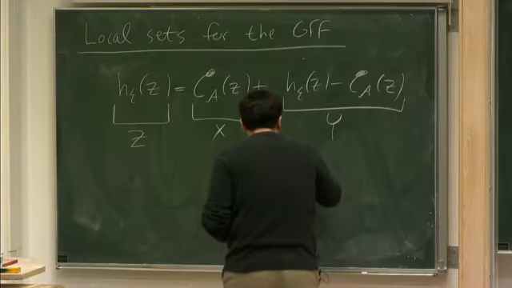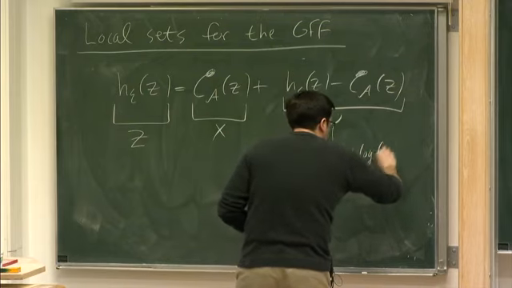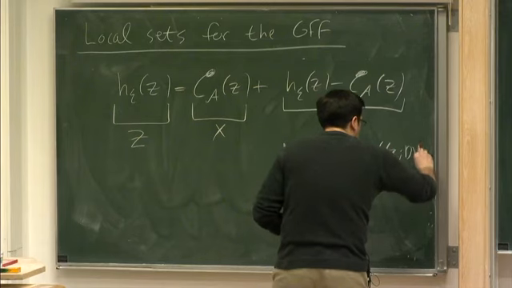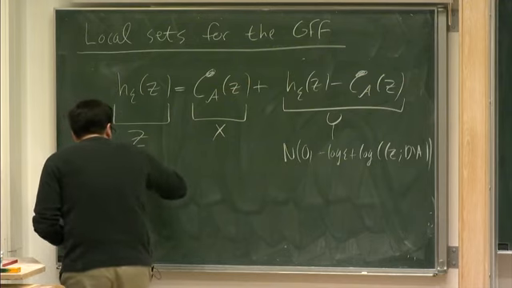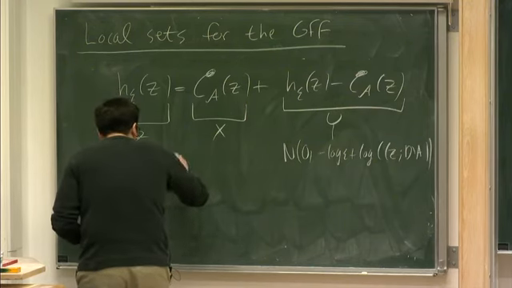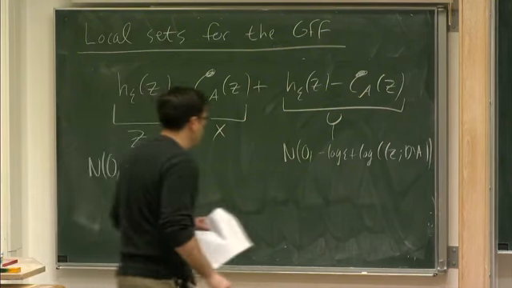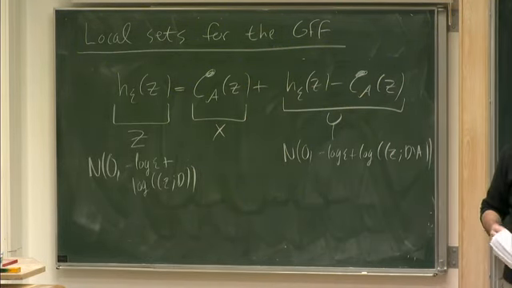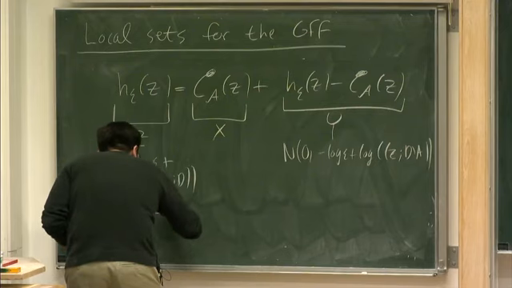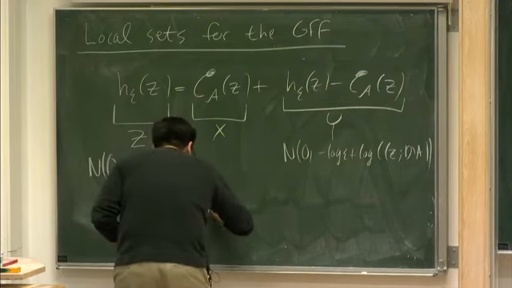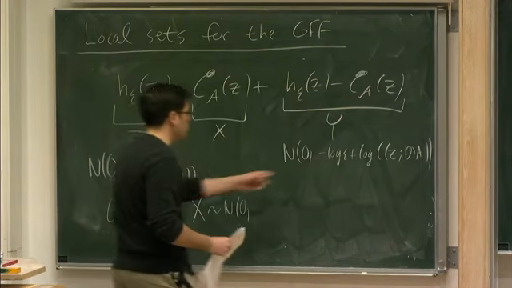And again, since I know that y is normal with mean 0 and variance minus log epsilon plus the log of the conformal radius of z in the complement of A, and this one I know is a normal random variable with mean 0 and variance minus log epsilon plus the log of the conformal radius of z in D, then the trivial lemma from before tells us that x is a normal random variable with mean 0 and variance given by the difference of these two variances.